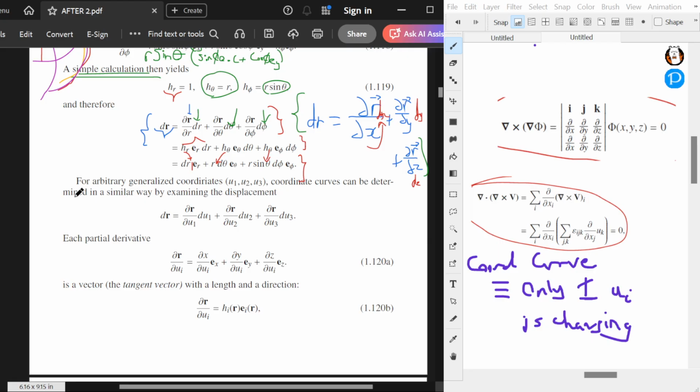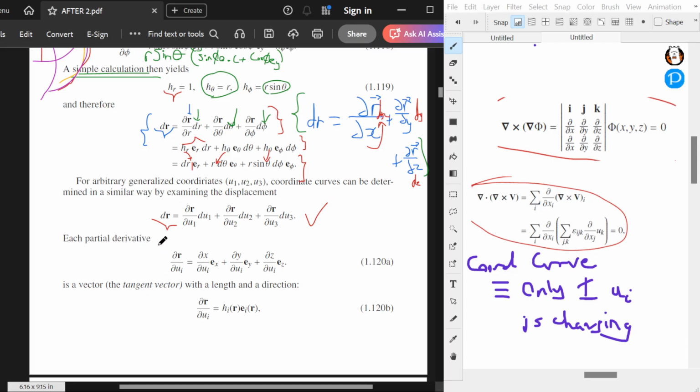For arbitrarily generalized coordinates U1, U2, U3, coordinate curves can be determined in a similar way by examining the displacement dr. dr equals del position vector. Oh, I can say r again. Del r del u1 du1, del r del u2 du2, yeah, correct. I agree.